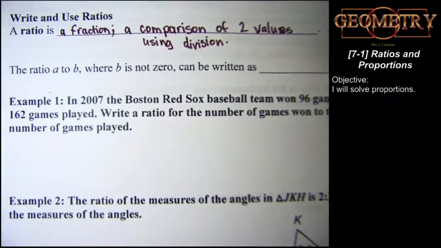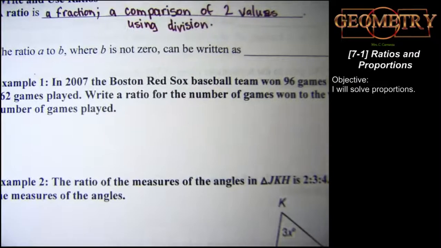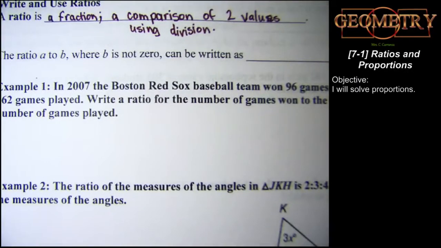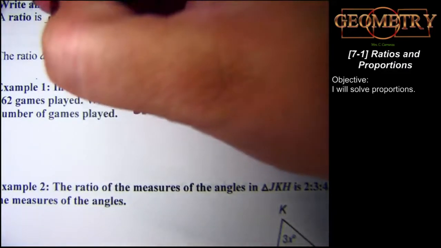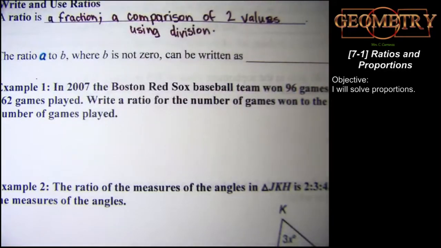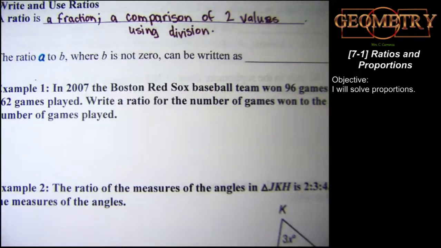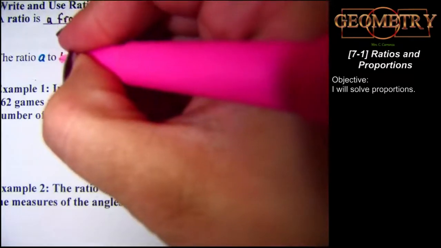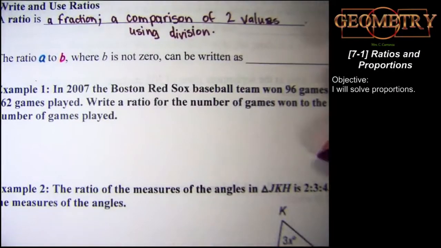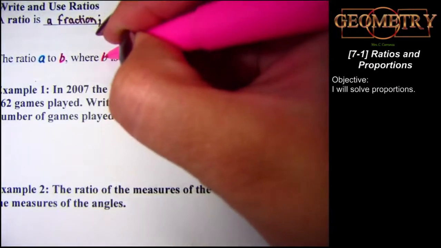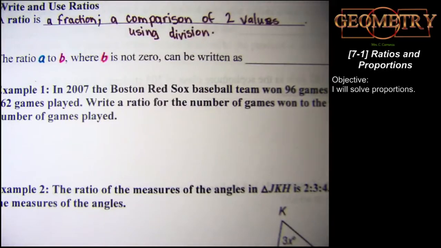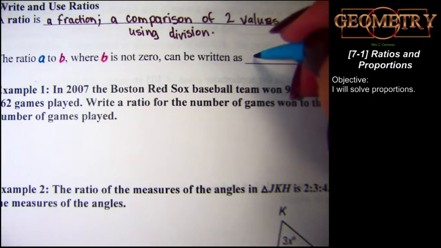Now if we have a ratio, as in the math ratio, where we have some value, which I don't know, so I'm going to name it A, to some other value, which I'm going to name B, and this second value, B, is not 0, we can write it three different ways.